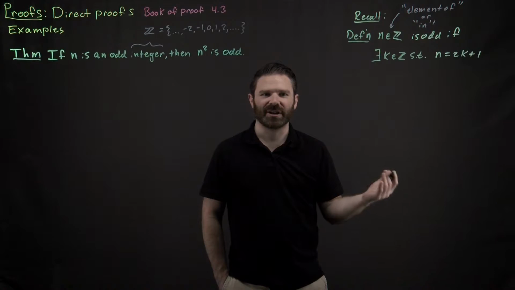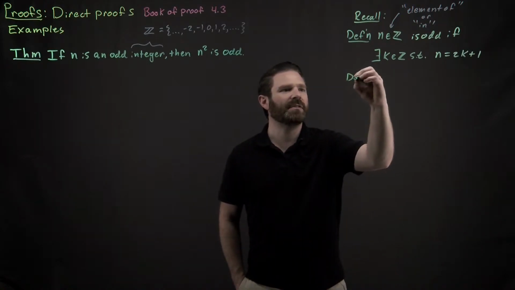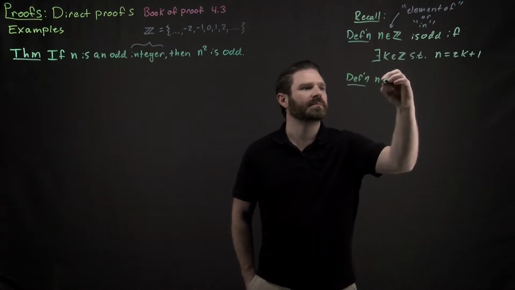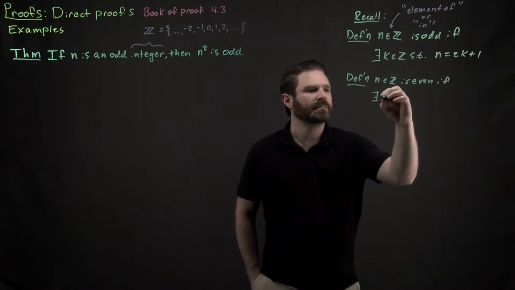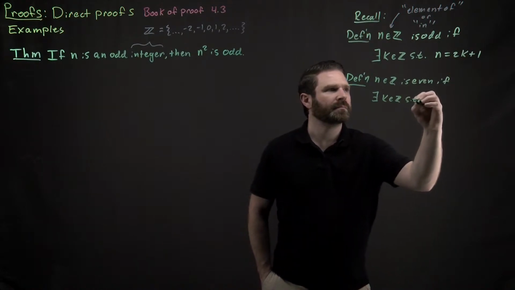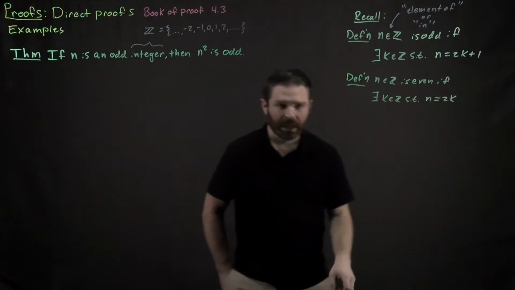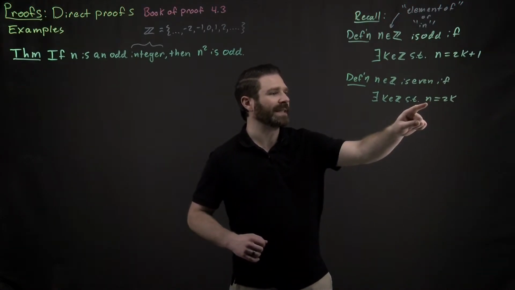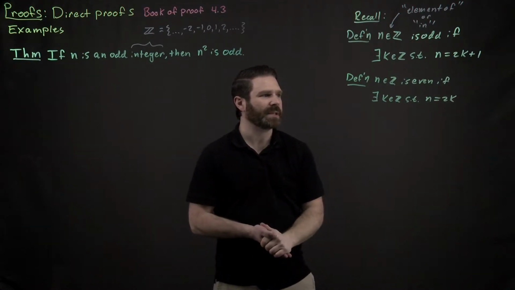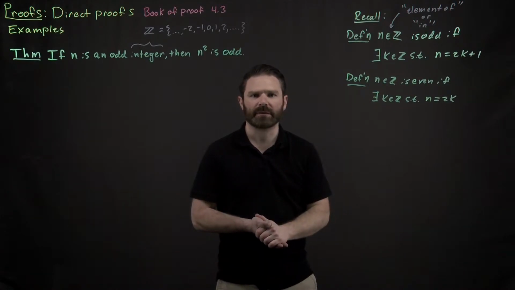So that's the definition of odd. Similarly, the definition of even: it's even if there exists some other integer k such that we can write n as 2k. You have probably seen these definitions before.